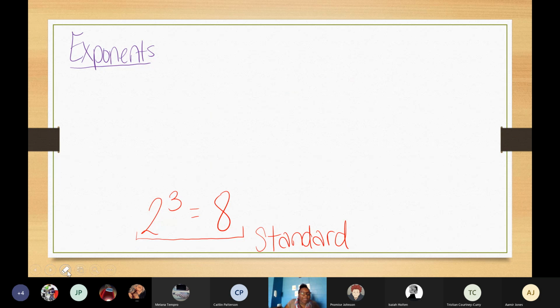When we're writing down exponents, let's use green this time. You may see it written like this normally, or you could see it written like this. On the problems that you'll be working on today, if you see the 2 here, this is my base number. This sign means exponent, and the 3 is our exponent.